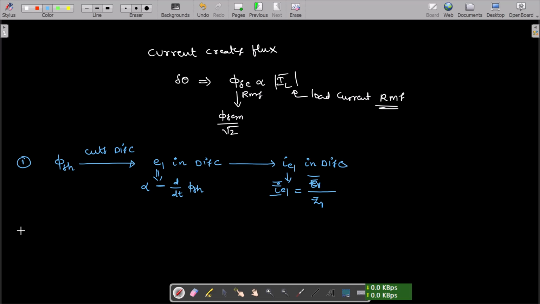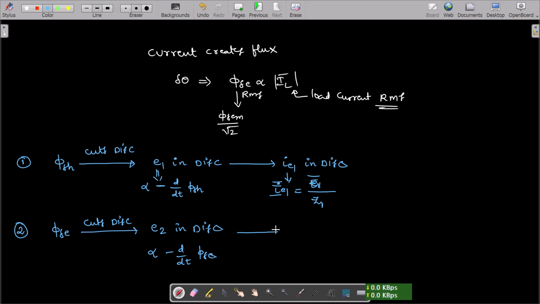Now the second one: phi SC is there, and it also cuts the disc, and there will be E2 in disc. Same principle, which will be proportional to minus d by dt of phi SC.